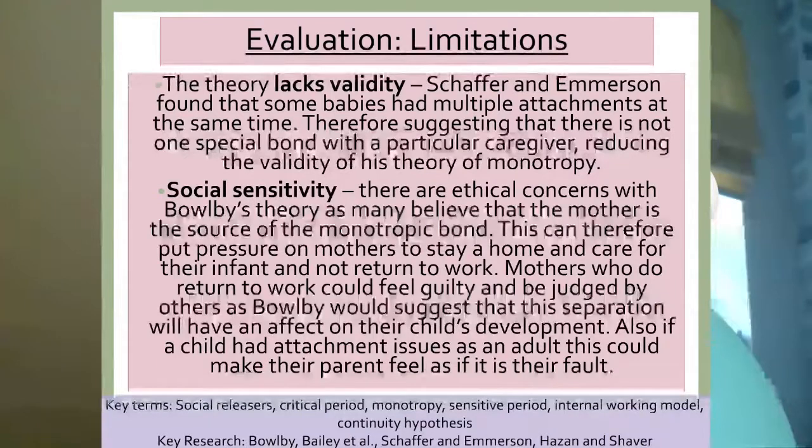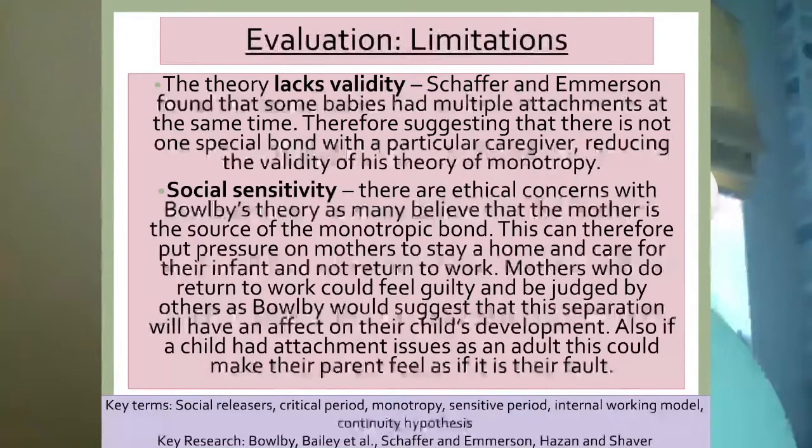So if a mother decided to return to work, people could view that in a negative way, because we know from Bowlby's theory that the longer the periods of separation between a mother and an infant, if we're using people's interpretation of this theory, then the more detrimental effect that's going to have on that child's development. So if a mother returns to work, they could feel guilty, or they could be judged by others, because it could affect their child's development.